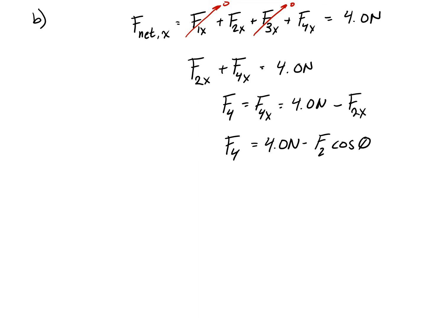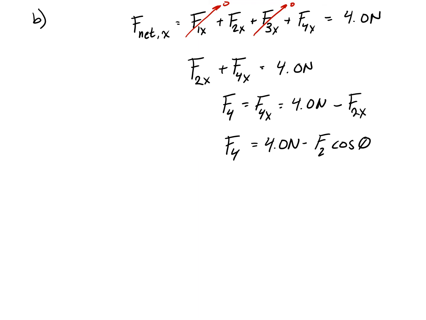So again, I just want to recap what we've done so far before we get to that step. For part B, we're solving for force 4. It is purely in the x direction, so we're only using x direction information in order to go through and solve. For vector 2, part of it is in x and part of it is in y.